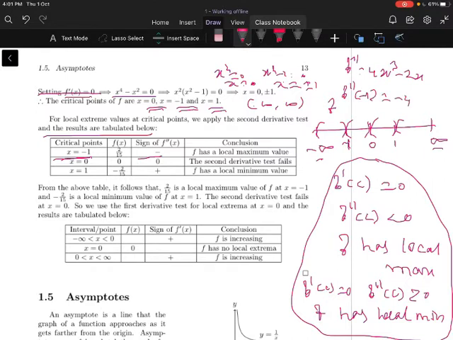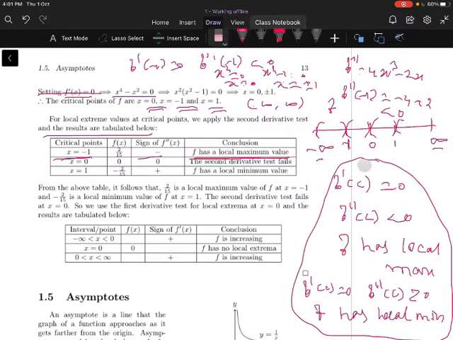At x equal to minus 1, f double dash of minus 1 is equal to minus 4 plus 2, that is negative. f double dash of minus 1 is negative, and moreover f dash of minus 1 is 0. Therefore the function f has a local maximum value.